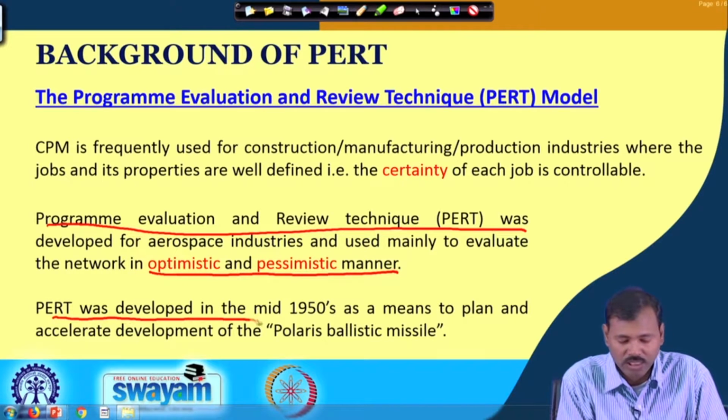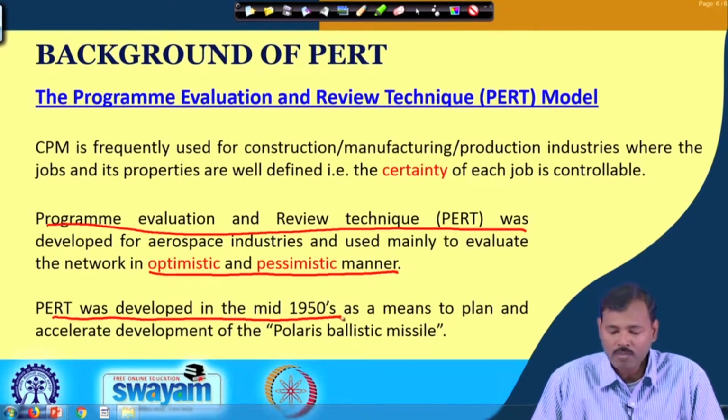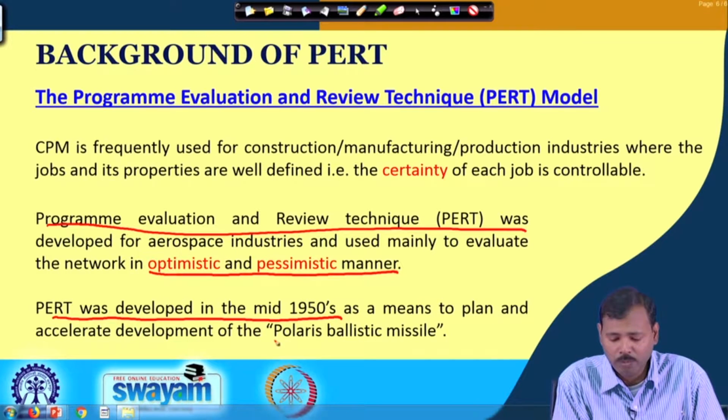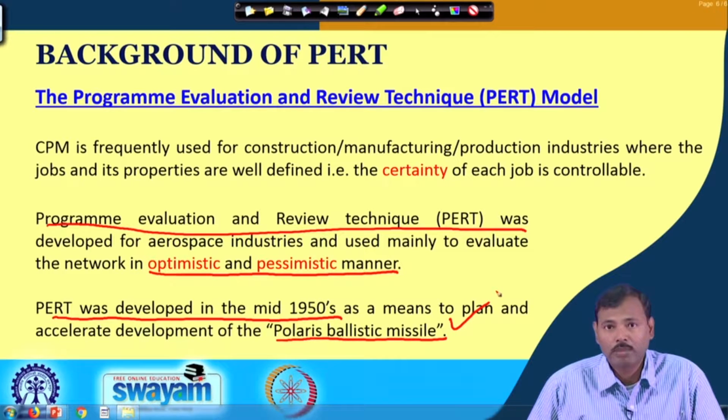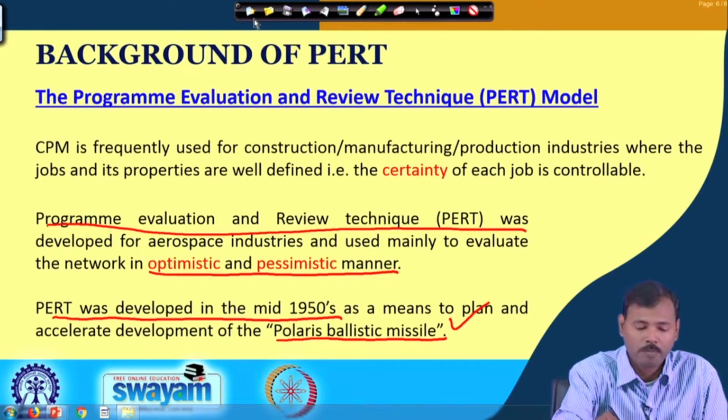It was developed in the 1950s, while the designing of Polaris ballistic missiles was carried out, or the developmental research was carried out. That time it was first developed, where instead of a deterministic approach, a probabilistic approach was used to identify the uncertainties associated with the different jobs in those projects.